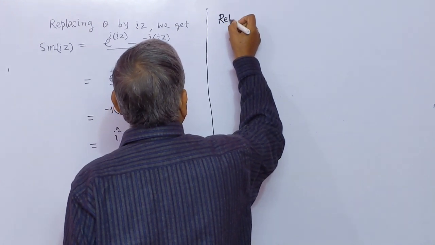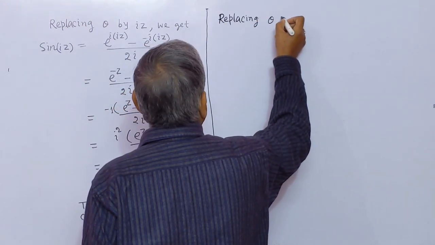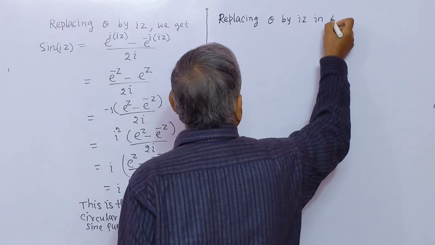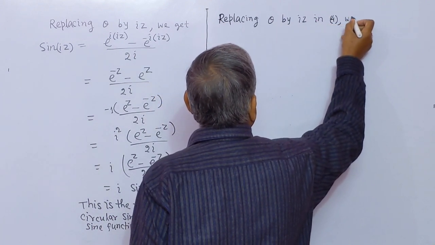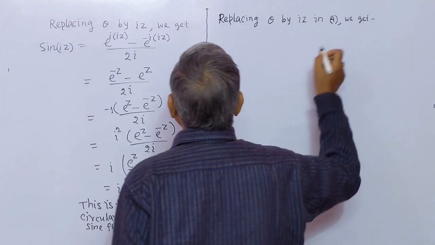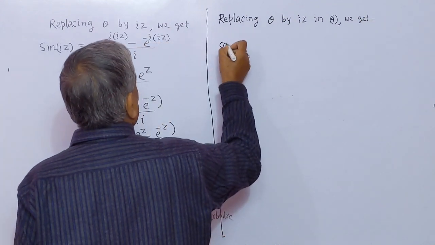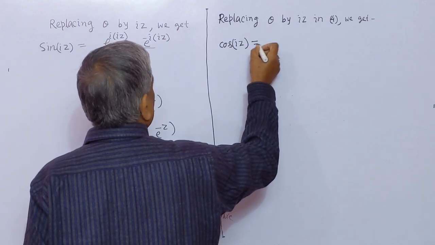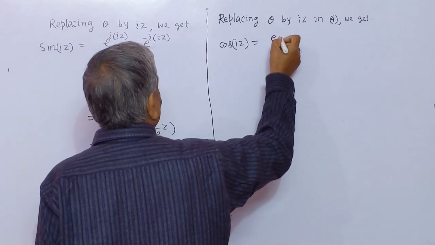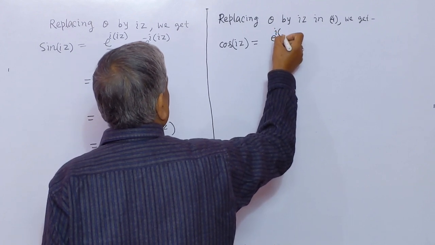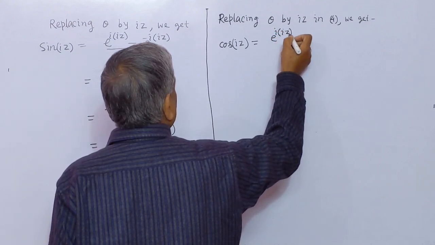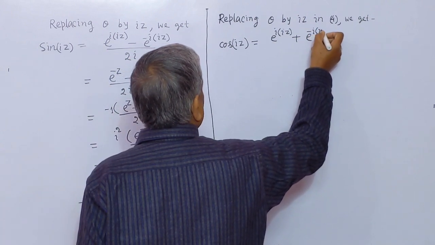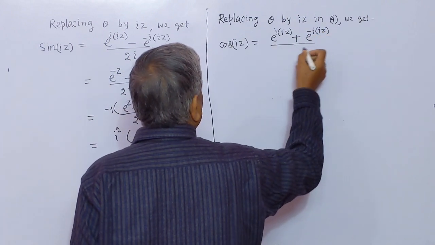Replacing theta by iz in 4, we get cos iz equal to e to the power iz plus e to the power minus iz by 2.